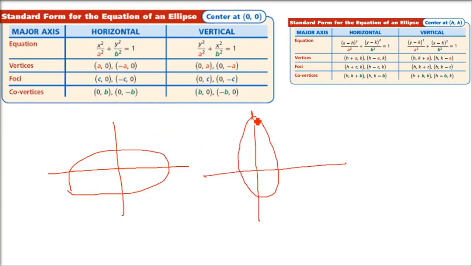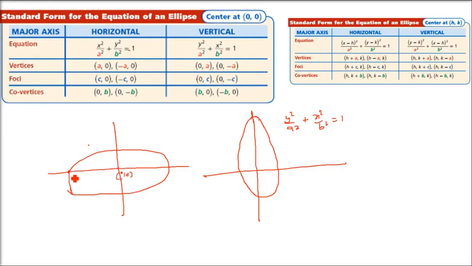In a horizontal ellipse, the major axis is on the x-axis. Again, my handwriting and my drawing is not very good, so just excuse that. So we have x square by a square plus y square by b square equal to 1, and for vertical it will be x square by b square plus y square by a square equal to 1. So you just remember that there will be a and b, and x and y are shifting places.